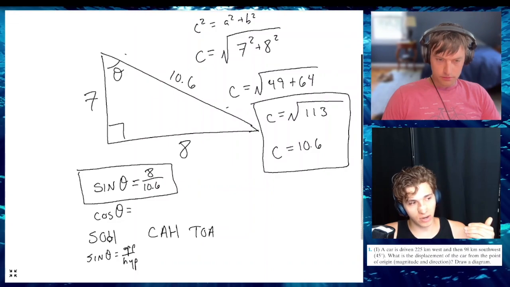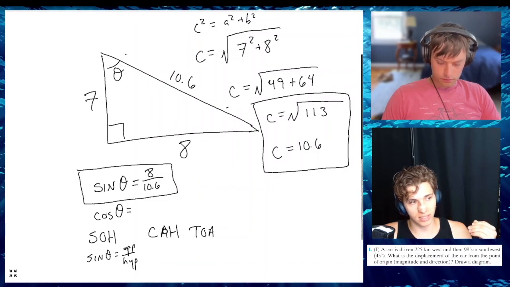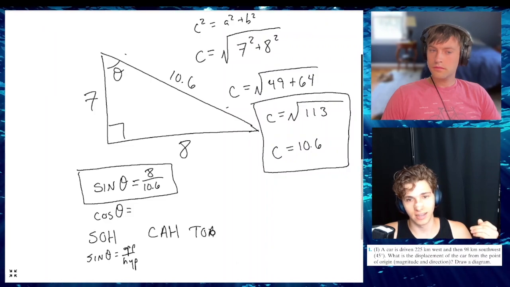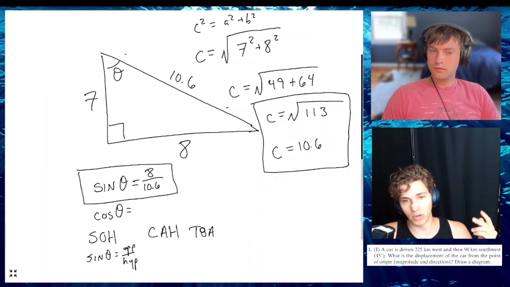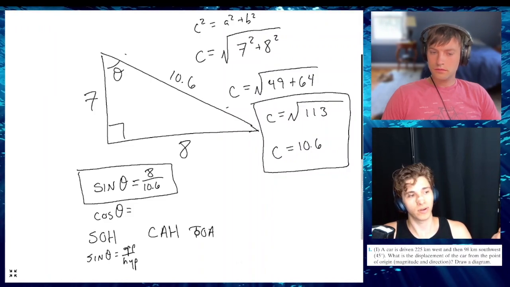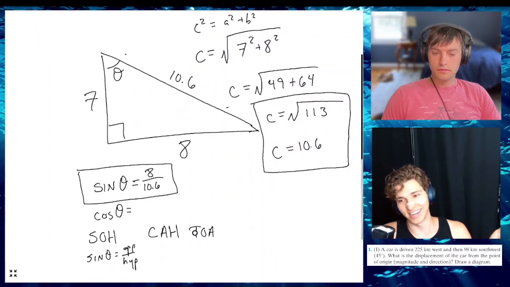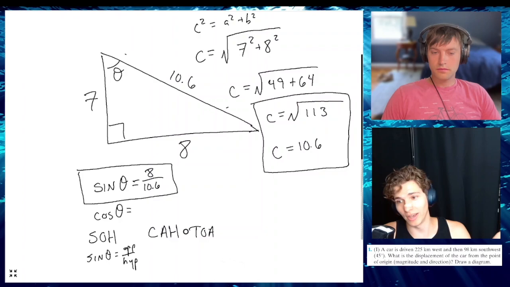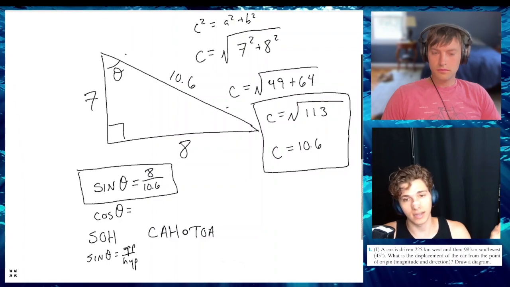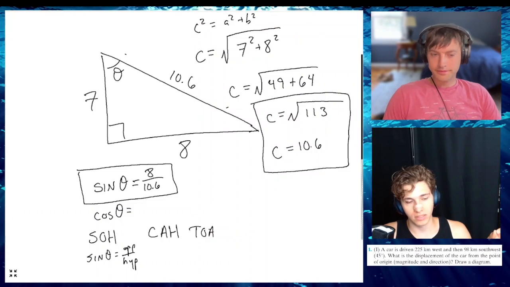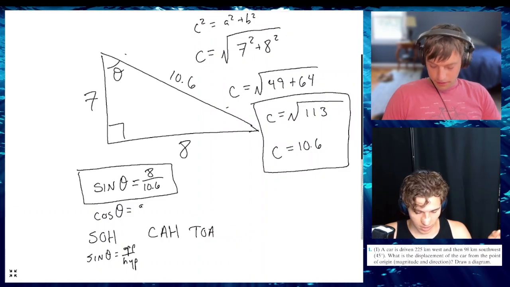Sine is opposite over hypotenuse, cosine is adjacent over hypotenuse, tan is opposite over adjacent. So not only is it important to remember SOHCAHTOA, it's also important to remember how it's spelled, because it's not always that obvious. Some people might think ka is C-O-H, but it's not. Ka is C-A-H. So is S-O-H. Toa is T-O-A.